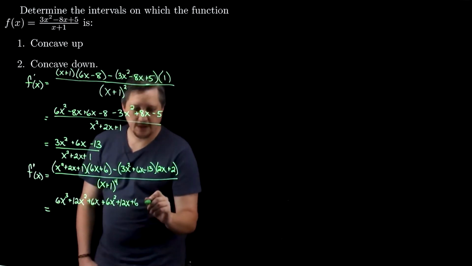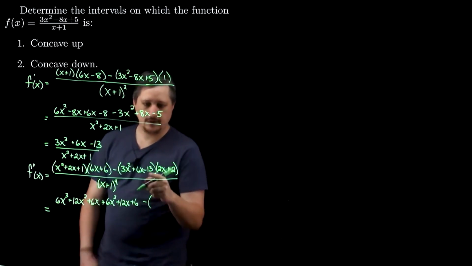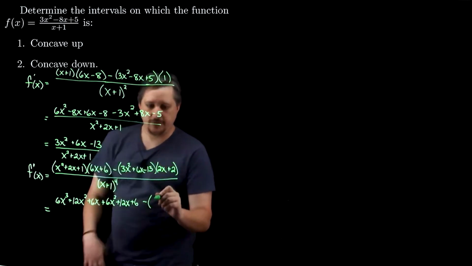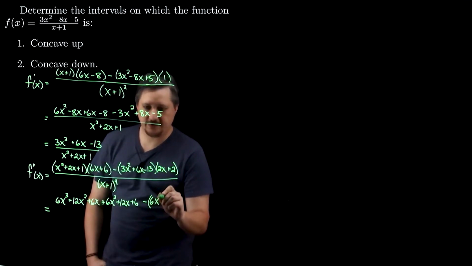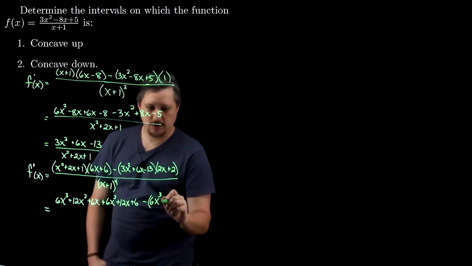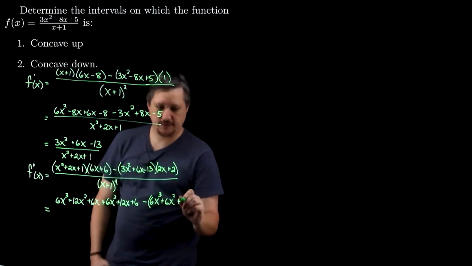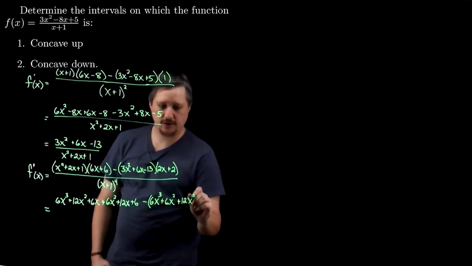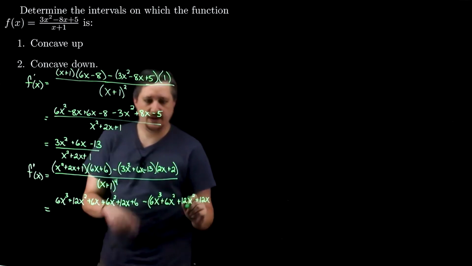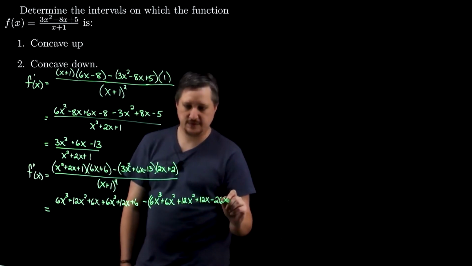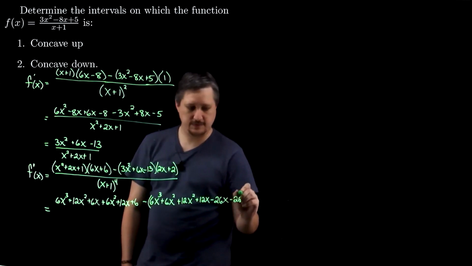And then here, I'm going to have minus. So I'm going to do 3x squared against both of those. So I'm going to get 6x cubed plus 6x squared. And then 6x against both of those. So that's going to be plus 12x squared plus 12x. And then minus 13 against both of those. So that's going to be minus 26x minus 26.